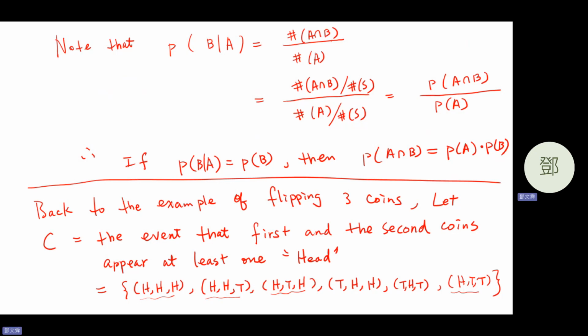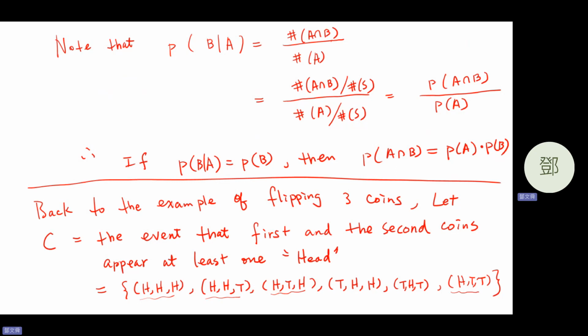Back to the example of flipping 3 coins, let C be the event that the first and the second coins appear at least one head. So what are the elements of C? First and second have at least one head.